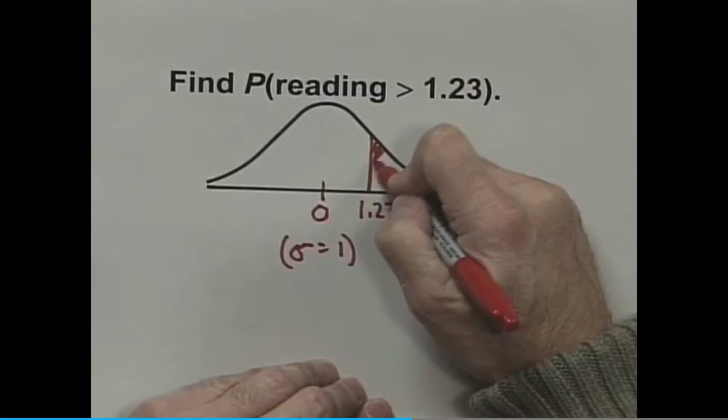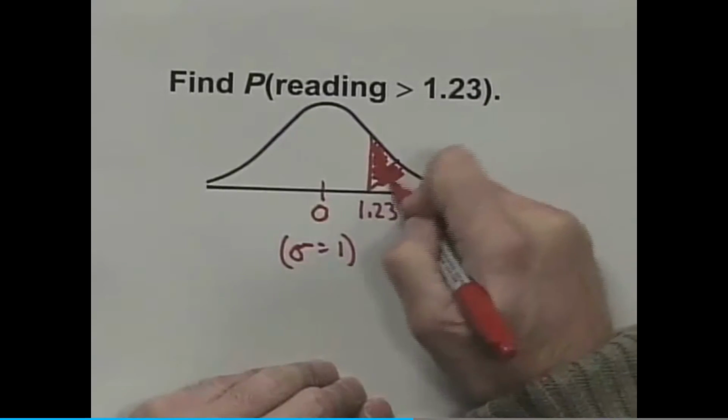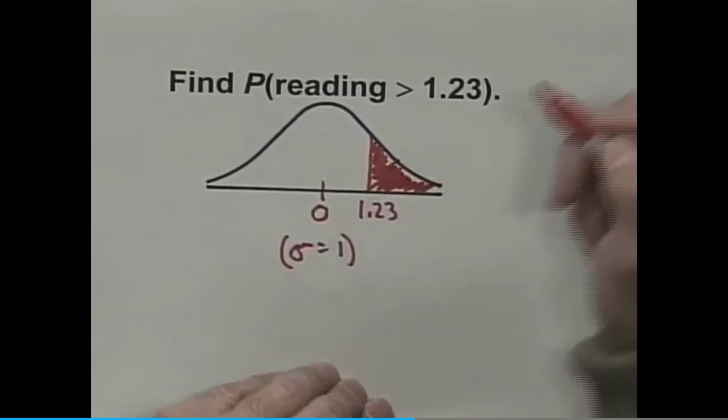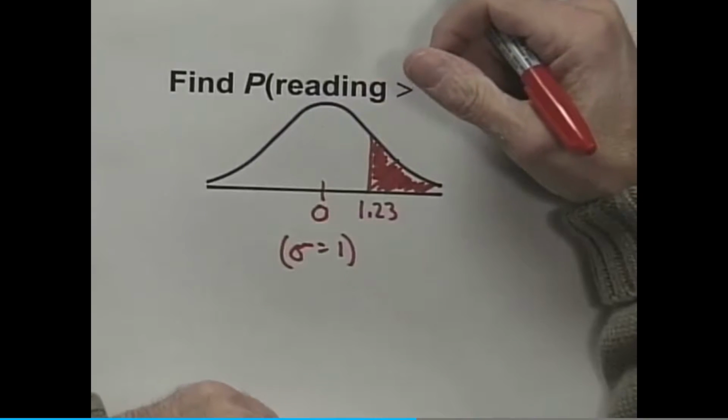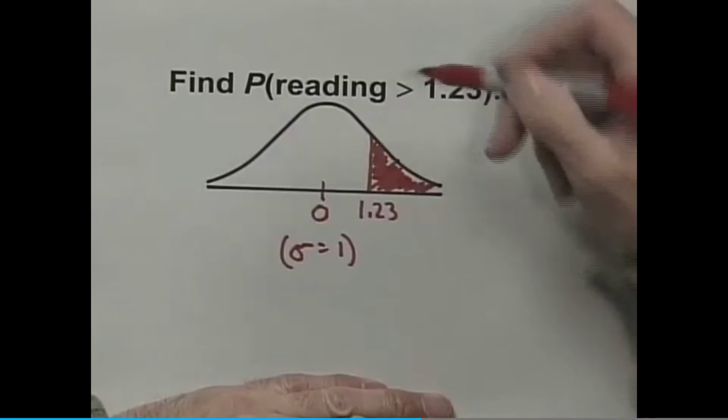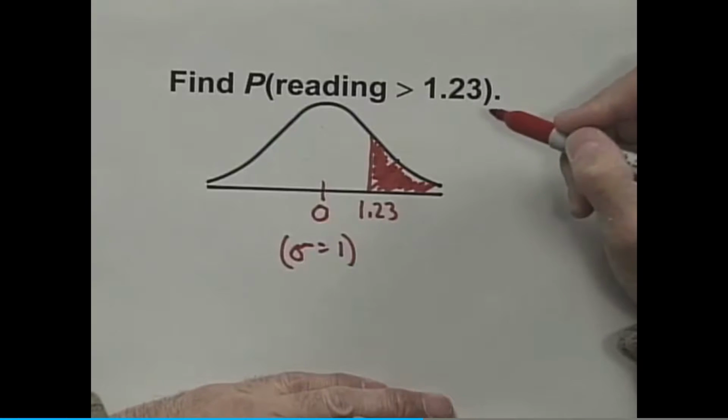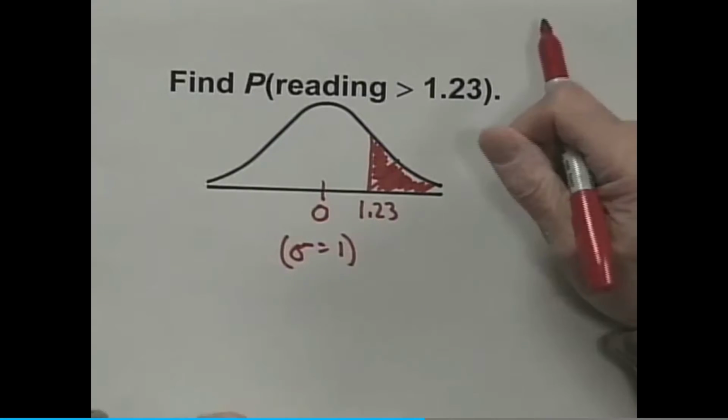I'm really looking for this area. But we've stated before that for Table 2, A-2, all of the areas are cumulative from the left. So I cannot find that area from Table 2. So what do I do? Drop statistics and take ceramics? No, I just have to think a little bit.